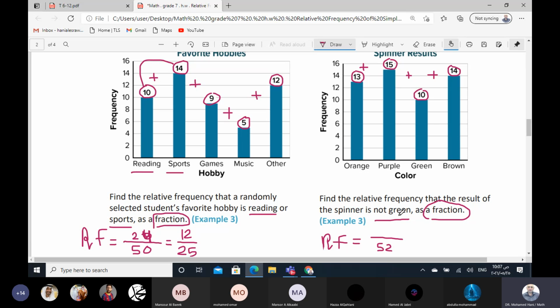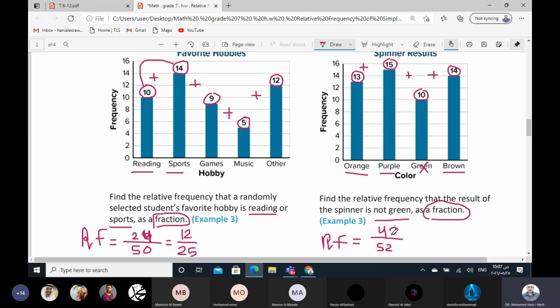And here not green means orange, purple and brown. So you can add 13 plus 15 plus 14 will be 42.